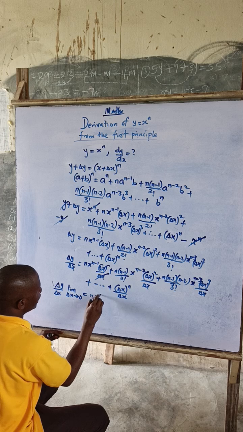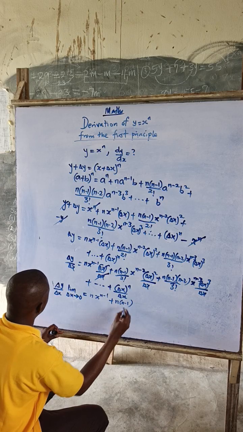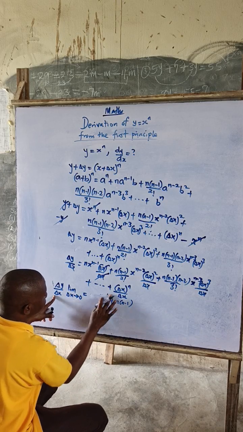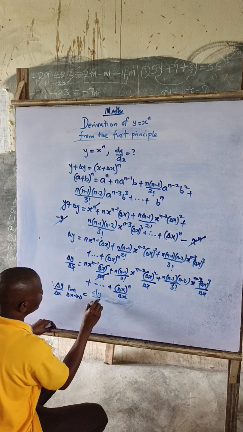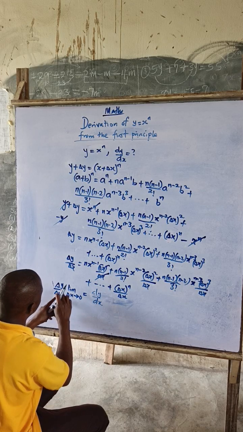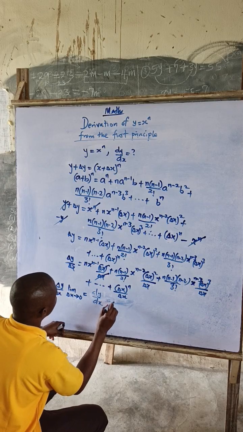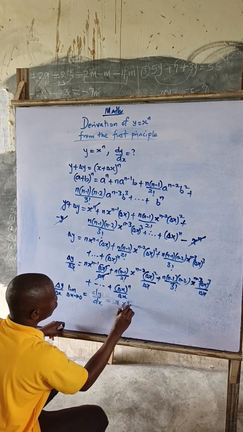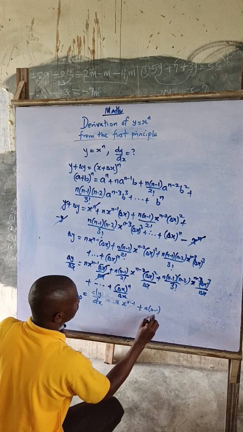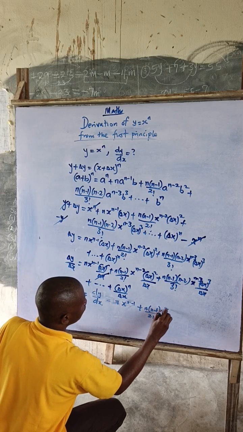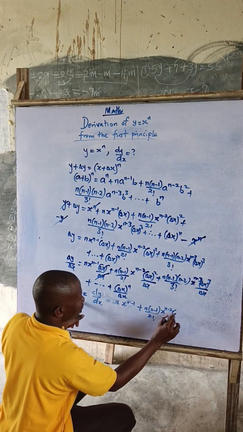So as you take the limit of delta y over delta x as delta x tends to 0, we change to dy/dx, which equals n x raised to n minus 1, plus n into n minus 1 divided by 2 factorial x raised to n minus 2 times delta x, and delta x equals 0, so we put 0 there.